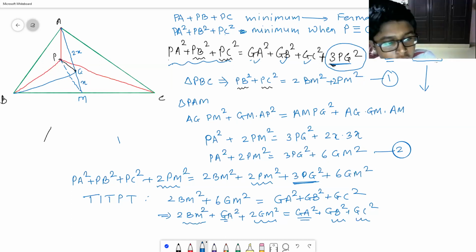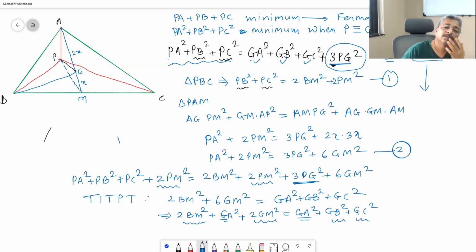If you put P is equal to O, it's straightforward. I think P coincides with H and you should get it.